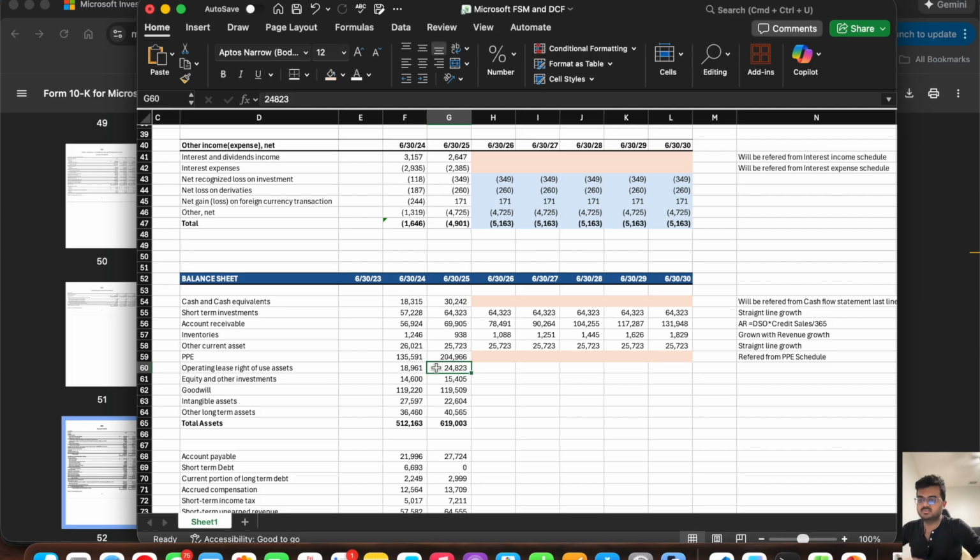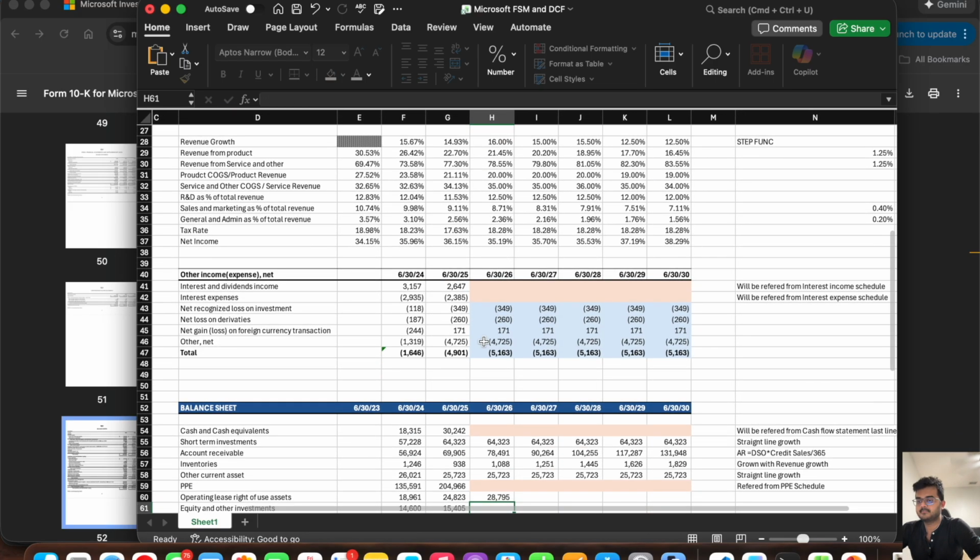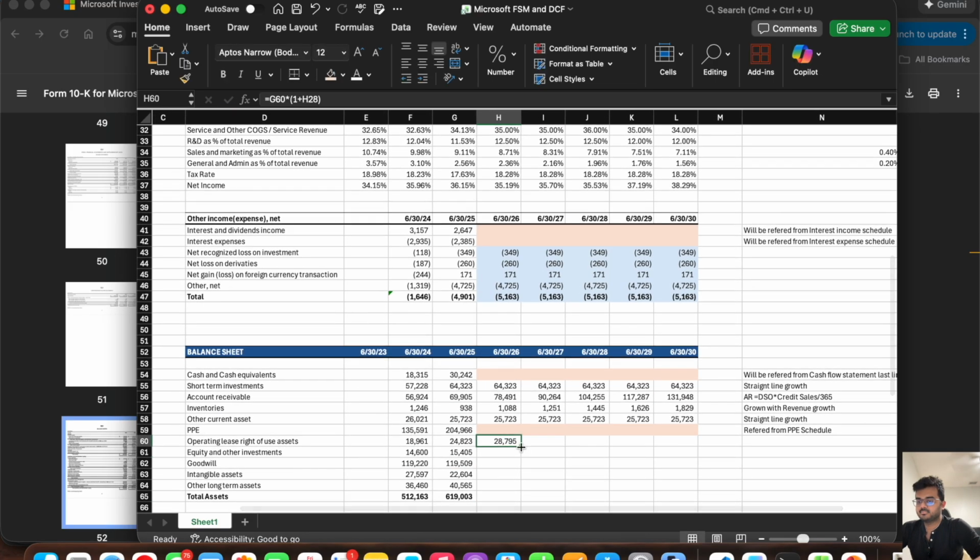They have it as an asset which they already paid to the vendors, which they can use in the further days. So for now, I would think it's better to grow this number by the total revenue growth which we calculated year over year. So I will do this one with this number, then forecast.